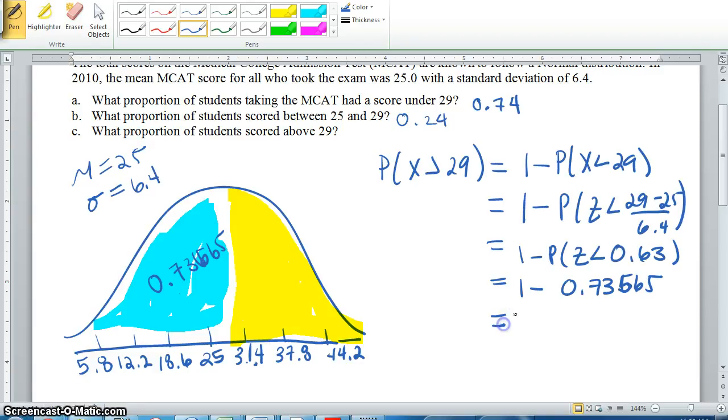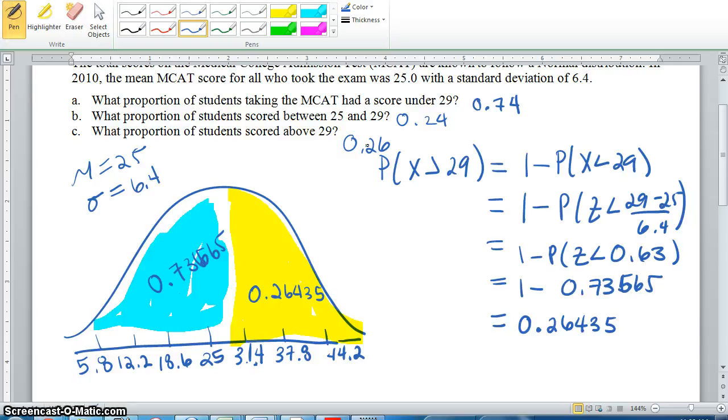And then this will give us a proportion of 0.26435. So the area above 29 is going to be 0.26435, or approximately 0.26 for the proportion of students that scored above a 29 on the MCAT in 2010.